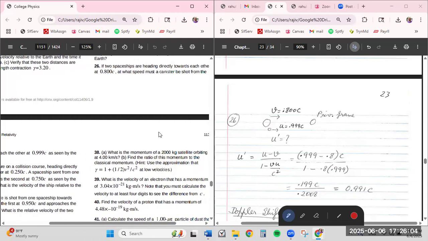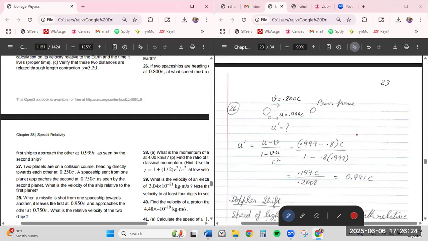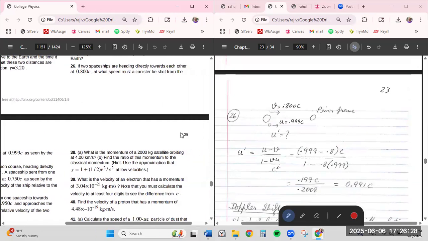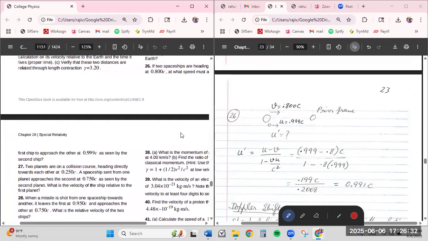We want the canister to approach the second spaceship at this speed, so presumably this is the speed as measured from that second ship. So u is 0.999 c, the speed measured from the privileged frame. What we have to figure out is at what speed the canister must be shot from the first ship.